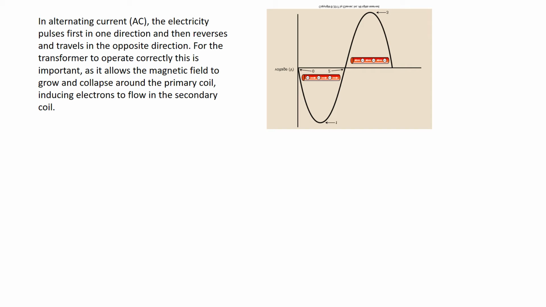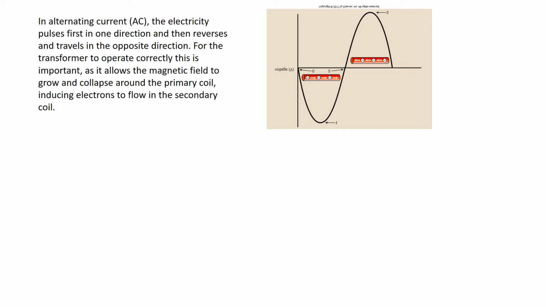So I want you to look at the drawing. I want you to look at the little piece of wire with the electrons flowing through it. And remember, when the pulse is either up or down, the electrons are flowing in one direction, and then when it's the opposite, they're going to flow in the other direction.